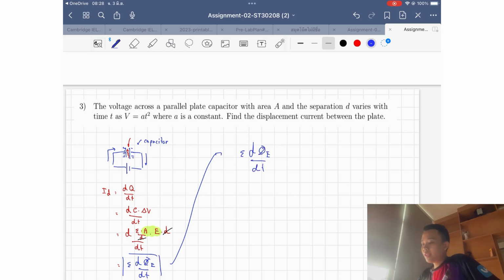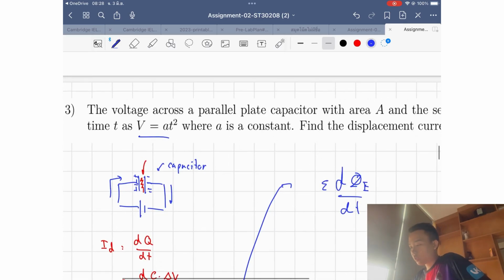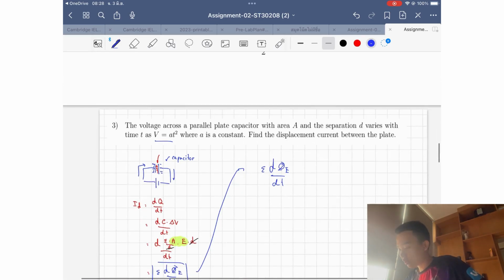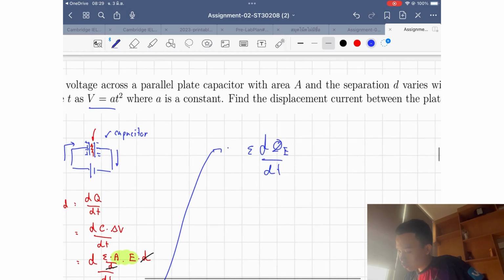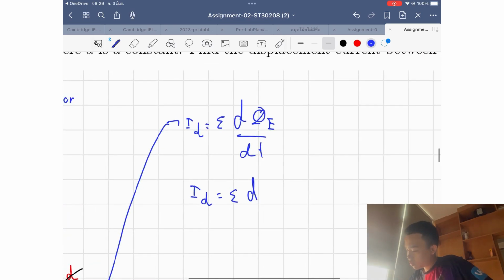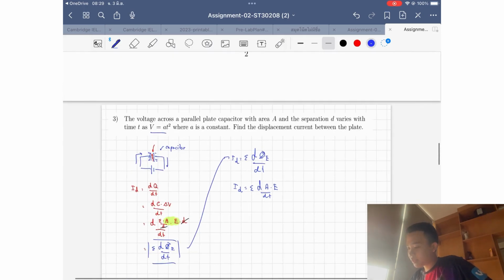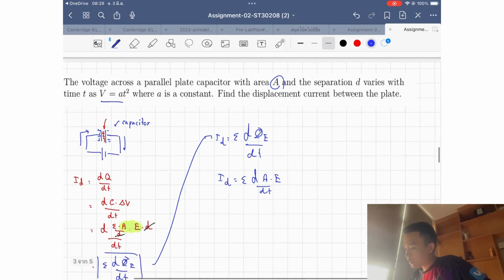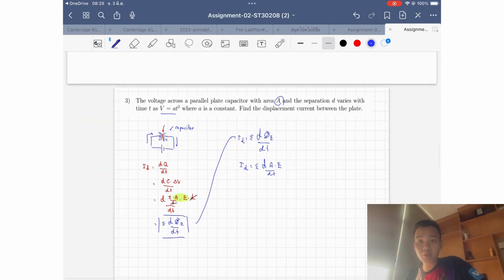And the problem states that the voltage varies, right? So the electric flux is equal to area times electric field, and the area is simply A. And the electric field is the voltage difference divided by the distance between the plates, right?